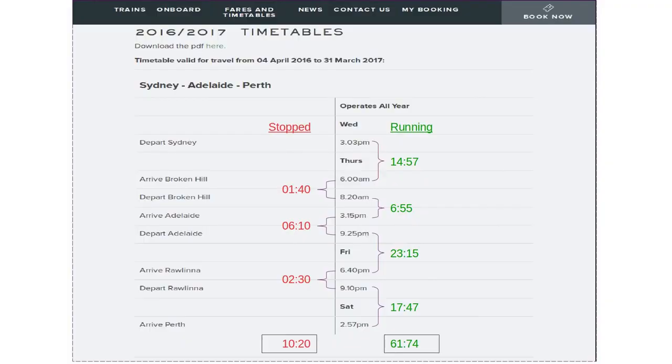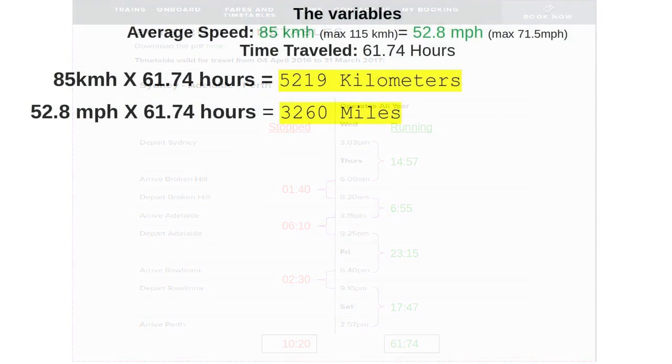So I started off by verifying the actual travel time. And looking at their timetables, I was able to figure out the departure and arrival times for each location. And then you just add it up. So it came out that there's a total of 10 hours and 20 minutes of dead time being stopped, and 61.74 hours of actual travel time from departure to arrival, and vice versa.